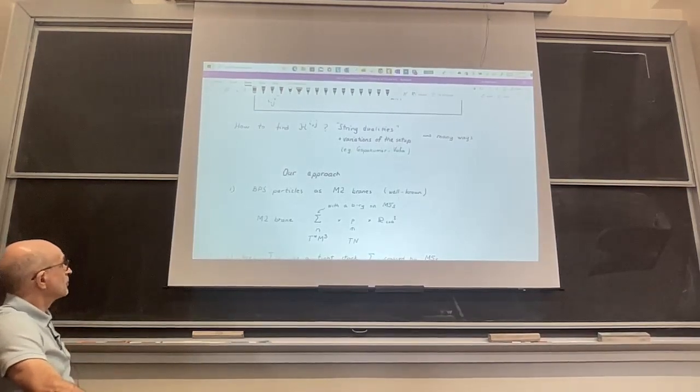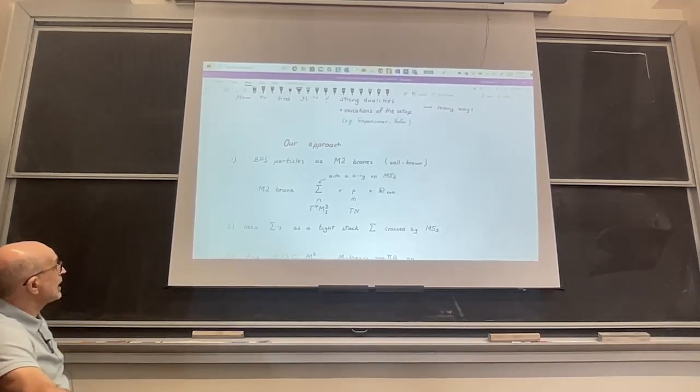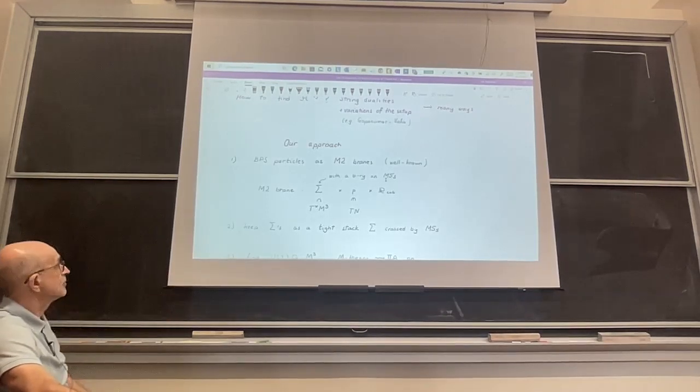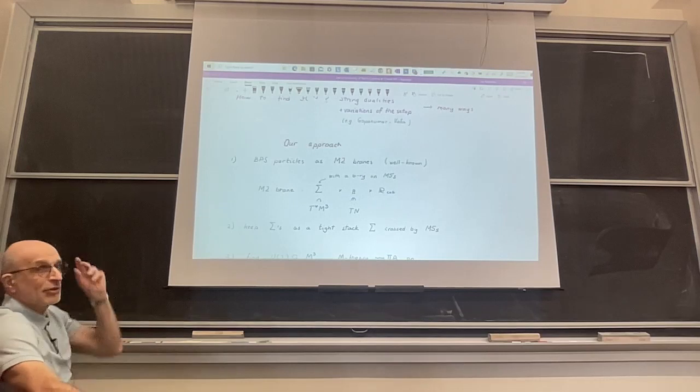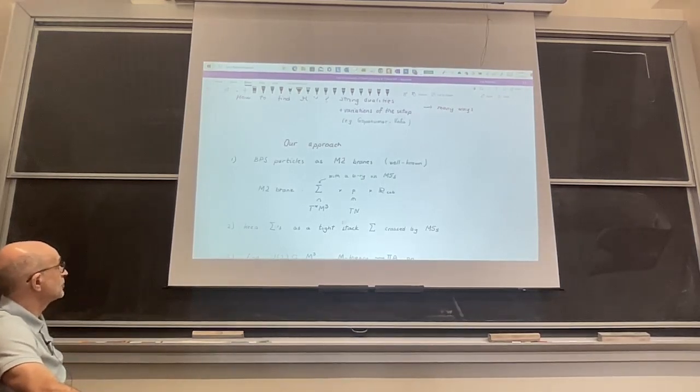This is very well known. So a particular M2 brane has the following shape. It's a surface inside the Calabi-Yau with boundary which lies on M5s. It is a point in the Taub-NUT space, and it extends along cobordism time.